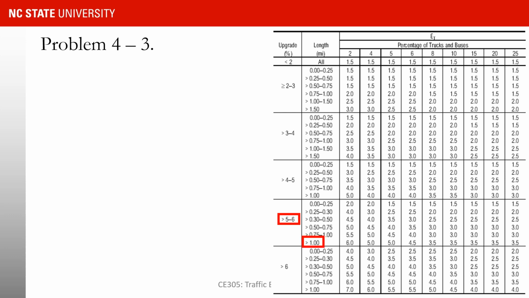The length was 1.5 miles, so it's more than 1. That means that we are on the bottom row of this part of the table. And the percentage of trucks and buses was 15. So the intersection of this row and that column is going to give us a value of 3.5 for passenger car equivalency factor.